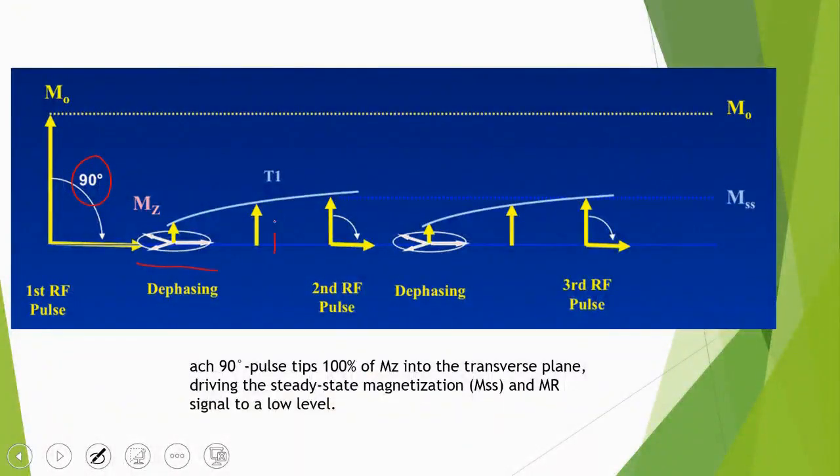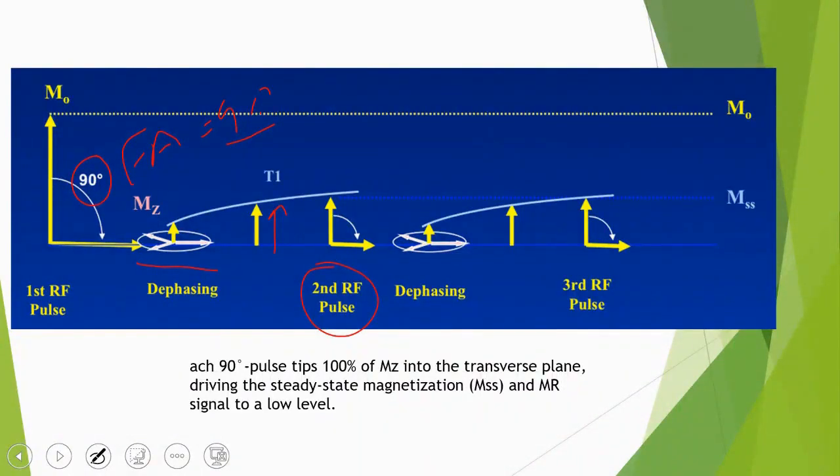It undergoes recovery and returns to a certain level. And then you start applying another RF pulse, because, keep in mind, the longitudinal magnetization, MZ, here is coming from 0. I am talking about a large flip angle of 90 degrees. No matter what, even if your TR is long, the recovery will not return to a high value.